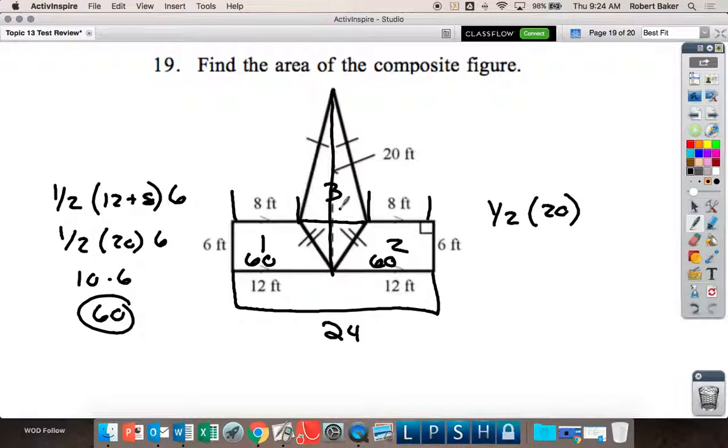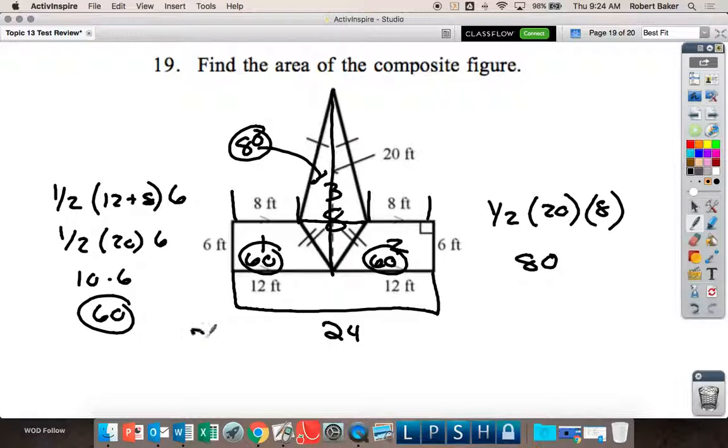So this diagonal is 8. So 1/2 of 20 times 8 is 80. That means that the area of this kite is 80. If you add 60, 80, and 60 together, you get the area of all three shapes.